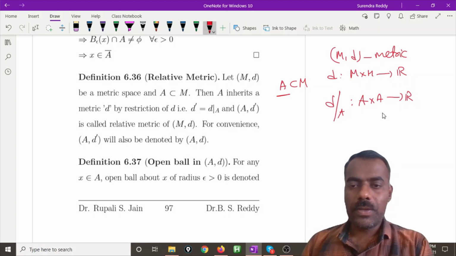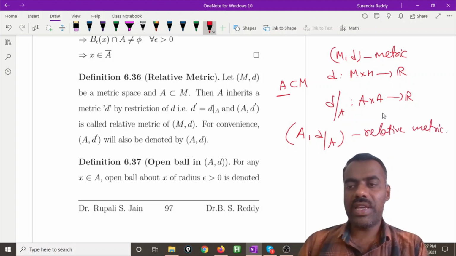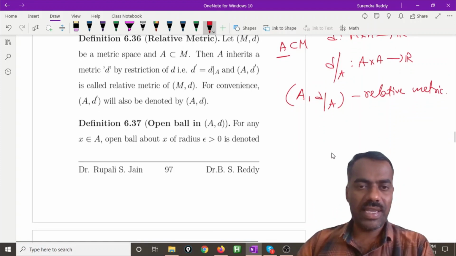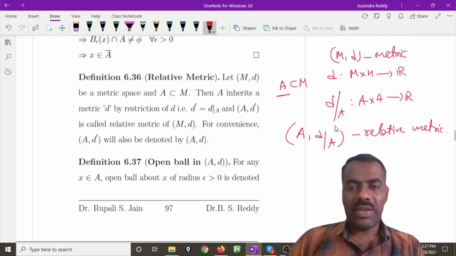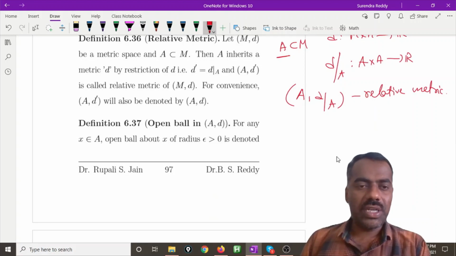So A together with d restricted to A is called a relative metric. What we are doing is restricting our domain to A cross A. Whenever there is no confusion, instead of writing d restricted to A, we can simply write (A, d).